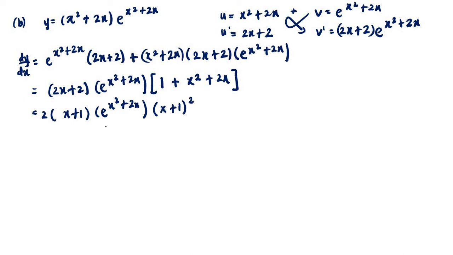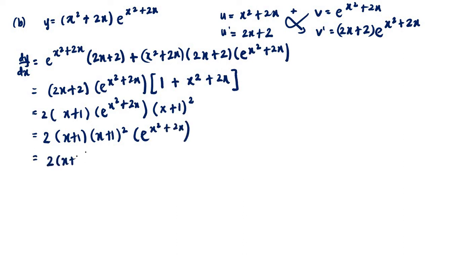Okay, so finally we can combine these two terms together. We dapat 2(x plus 1), and then (x plus 1) squared. Okay, kalau kita bawa ke depan, saya tunjuk satu-satu. Okay, over here. So now kita akan dapat 2(x plus 1) cubed, and then we have e^(x squared plus 2x) over here.